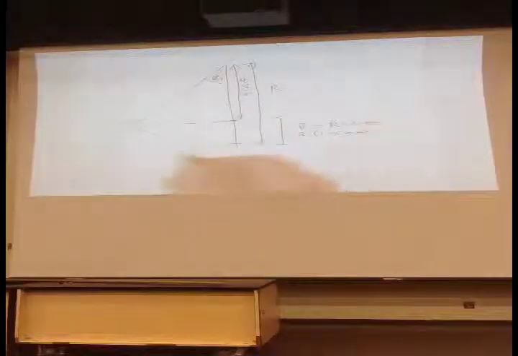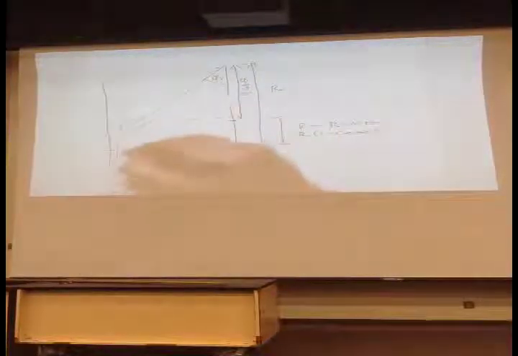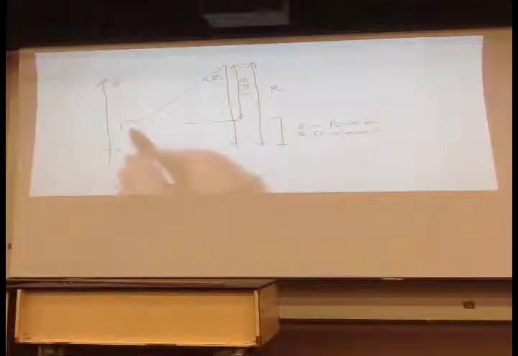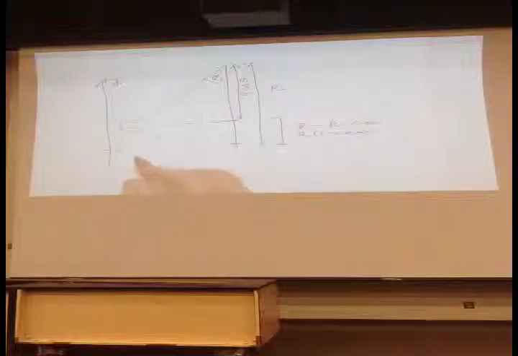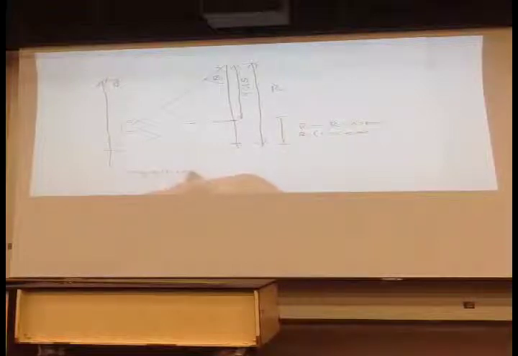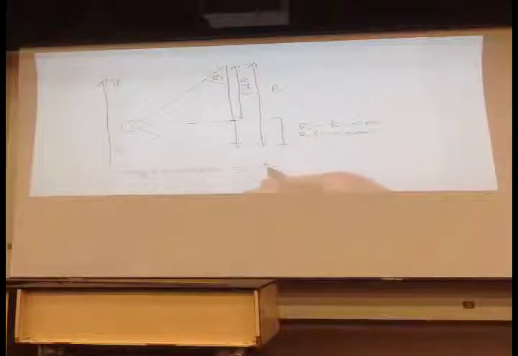So if I put my y-axis here, at this point we have potential mgr times (1 minus cosine theta) plus 0 kinetic, equal at the bottom to 1/2 mv squared.